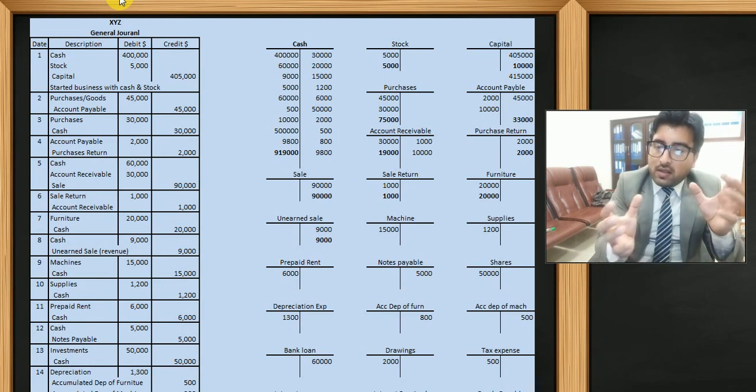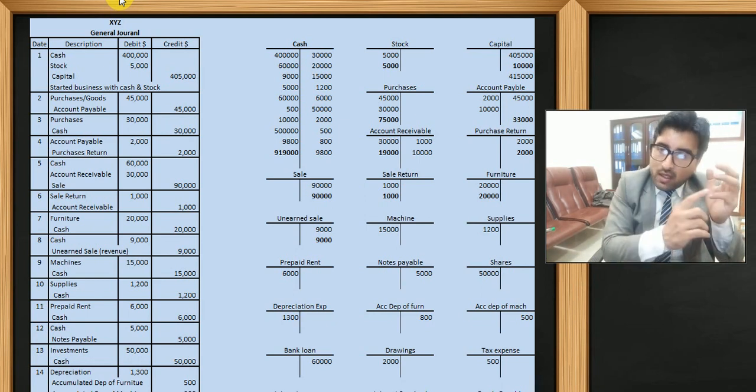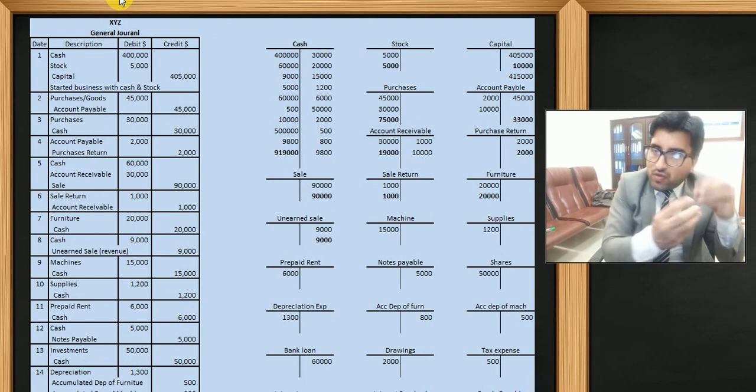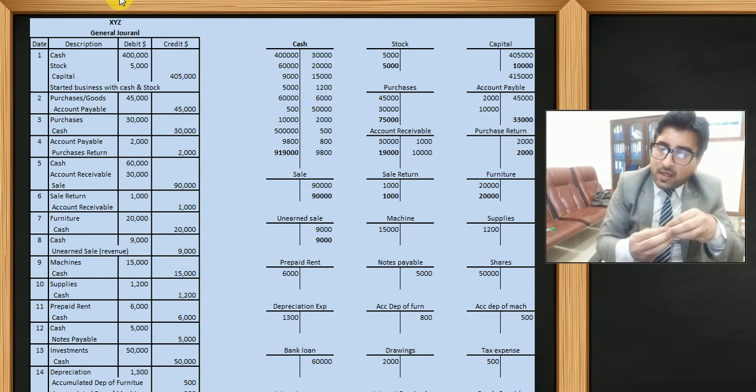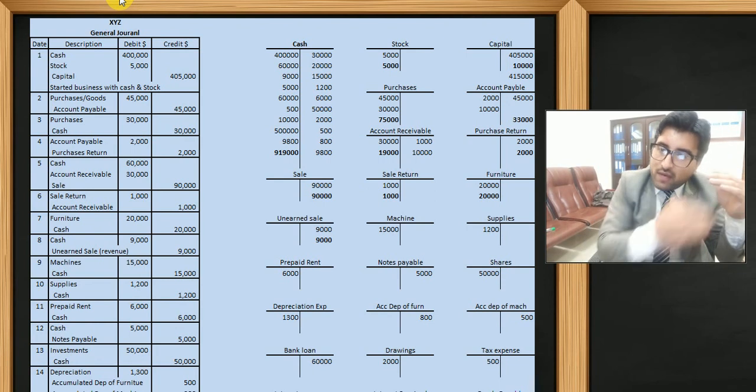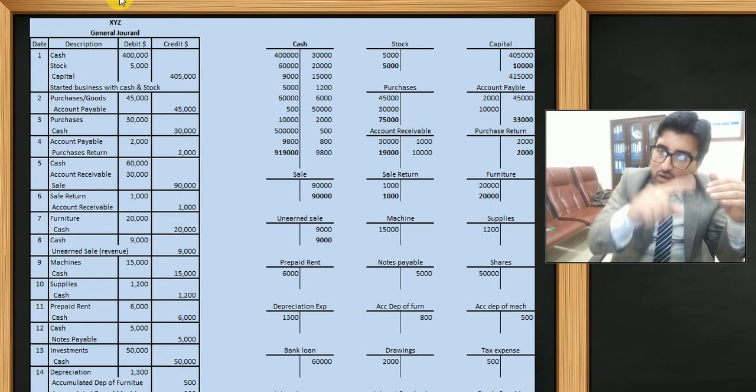Or in other words, if it is liabilities, revenues, or capital, then you sum up the credit side and subtract the debit side from it. And if they have a debit balance like assets and expenses, then you sum up the debit side and subtract the total value of the credit side from it.